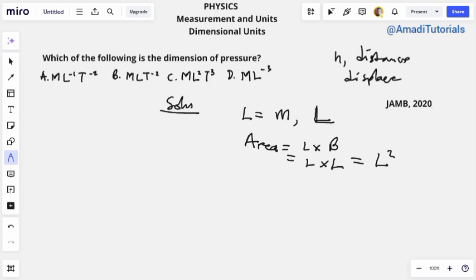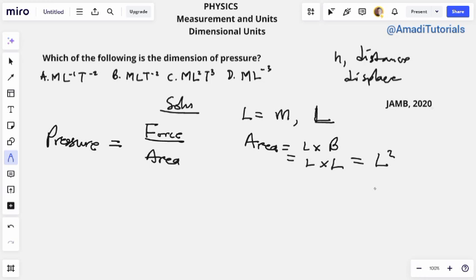So now, which of the following is the dimension of pressure? Before you're able to determine the dimension of pressure, first you have to be able to define pressure mathematically. Pressure is defined as the ratio of force per unit area.